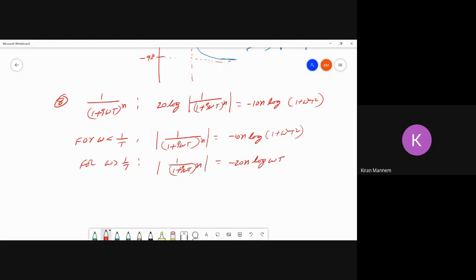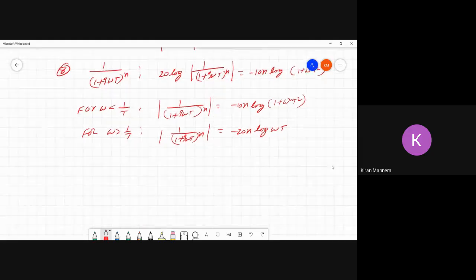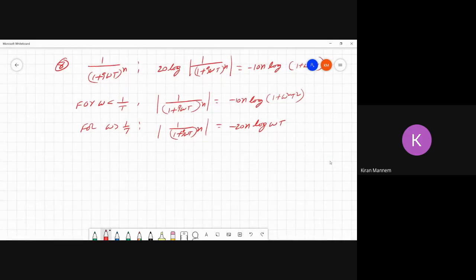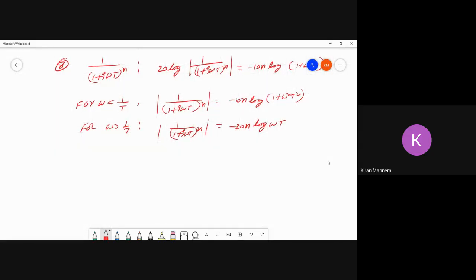With some simple mathematics, you'll get this. So the magnitude plot can be approximated by two straight lines. One is 0 dB and the other one is minus 20n dB per decade. Only thing is n, and we saw it before for many basic factors.